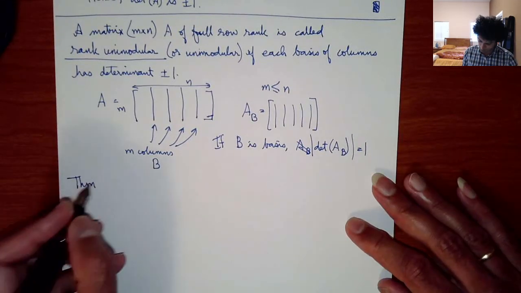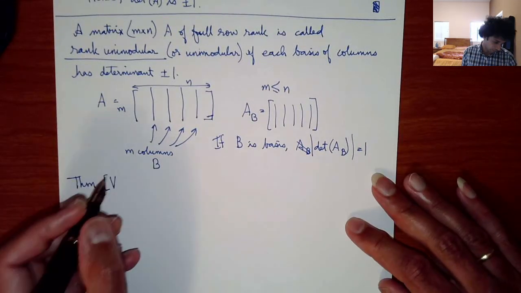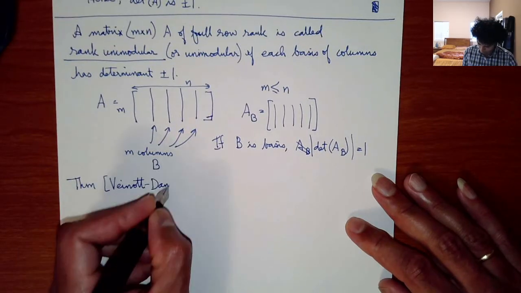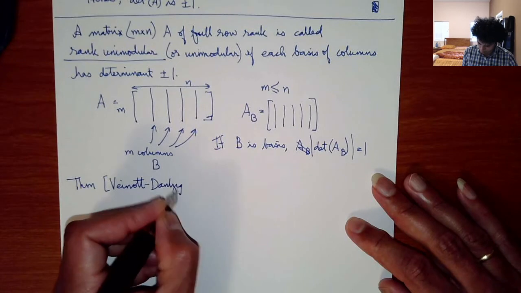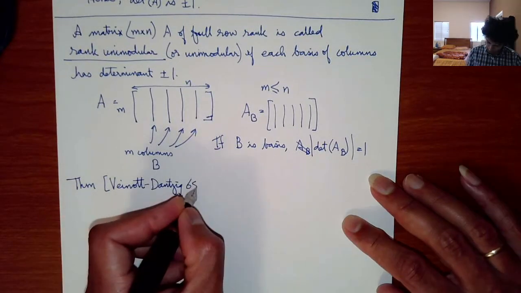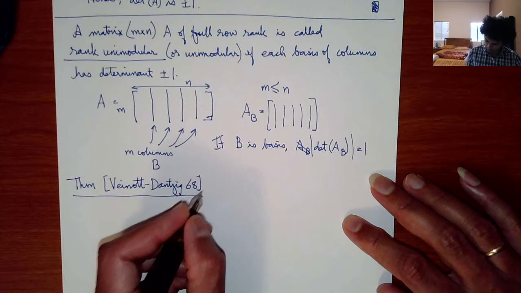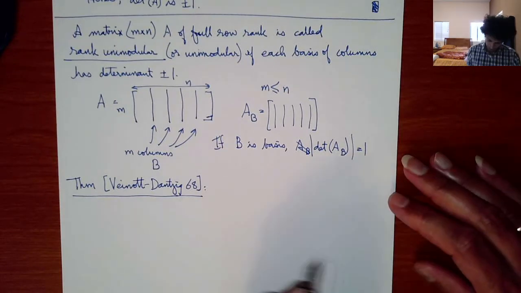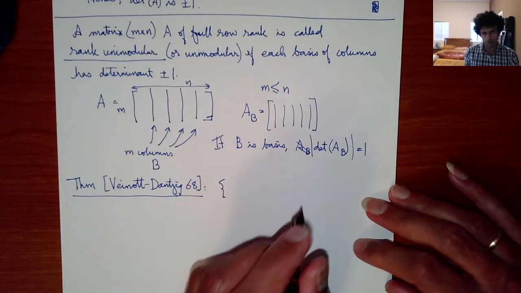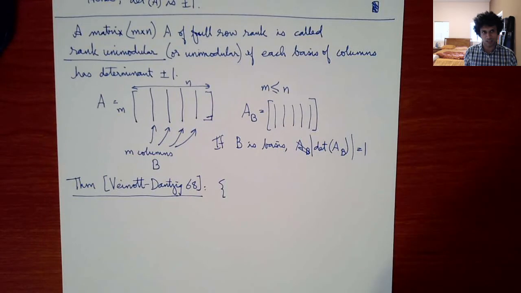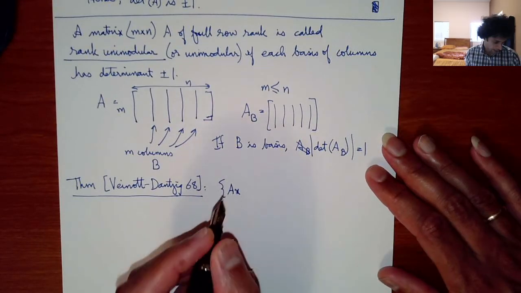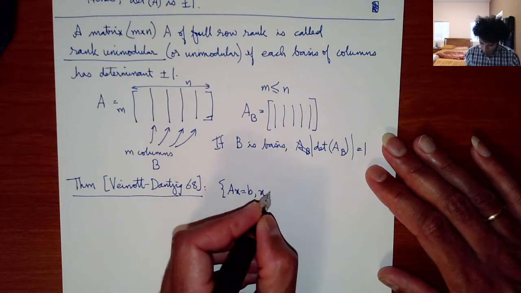And so a theorem, and this is by Veinott and Dantzig, 1968. This is an approach to total unimodularity which came after Hoffman and Kruskal that gave a simpler proof. They said consider this other polytope, exactly what is considered by the simplex algorithm: Ax equal to b, x greater than or equal to 0.